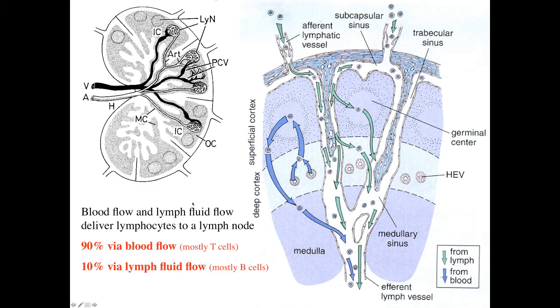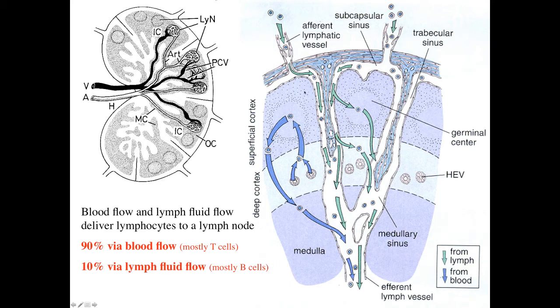This diagram just highlights blood flow and lymph fluid flow through a lymph node in relation to the delivery of lymphocytes to the node. 90% or so of the flow through a lymph node is blood, and that is mostly delivering T cells. About 10% of the flow through the lymph node is lymph fluid, and that's mostly B cells.